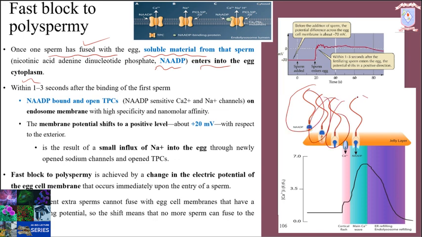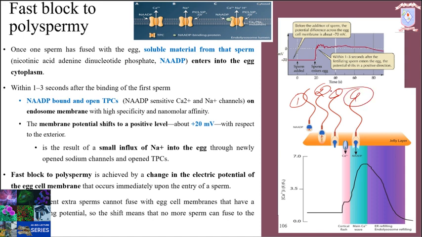We can number these as 1, 2, 3, 4 stages. In the first stage it is very near to the egg jelly layer. In the second stage it starts to cross this jelly layer, and in the third stage the acrosomal process formation has completed, and then the sperm reaches the plasma membrane of the egg.